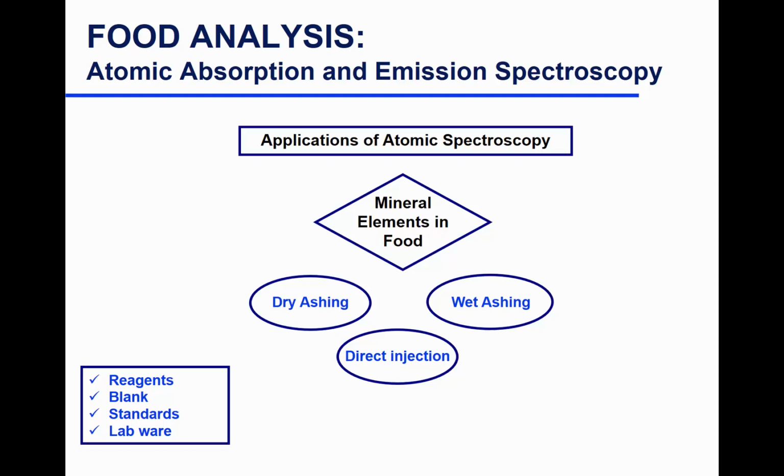Labware. Cindy and Lucy made sure that whatever you're using in the lab is mineral free, or elemental analysis free. You don't want glassware that has contamination, because one glassware might be contaminated, the other might not. So if you're doing a replication or preparing your standard, and one standard was prepared in a contaminated glassware where another was not, that is going to screw up your results.